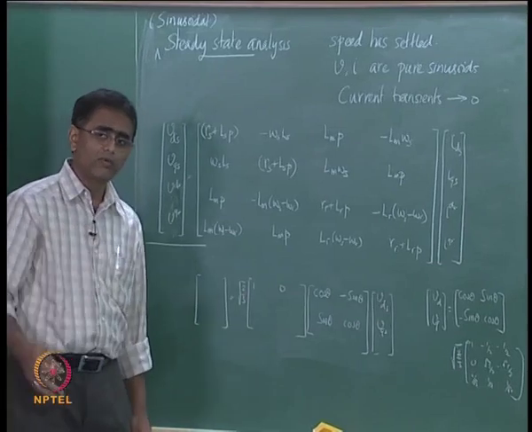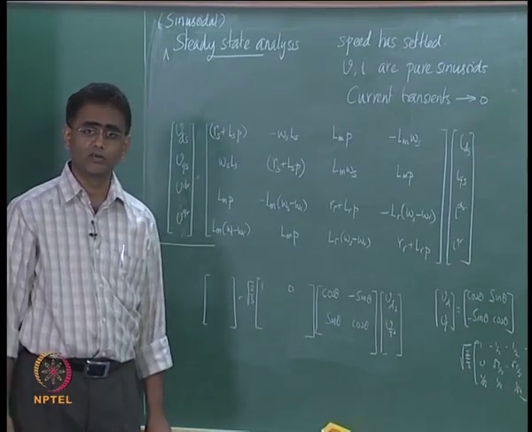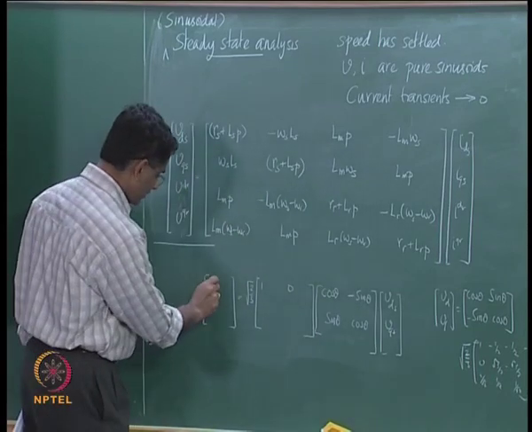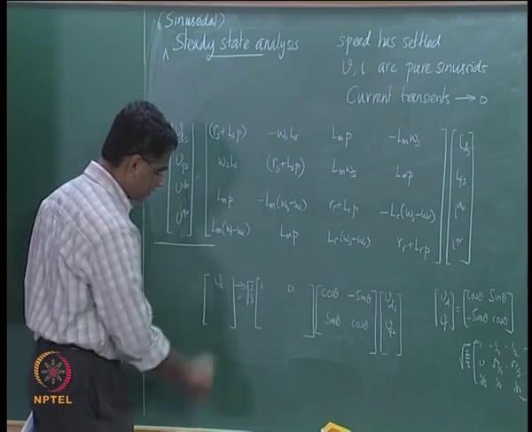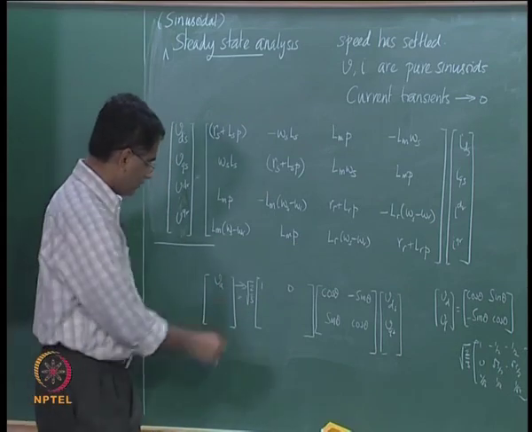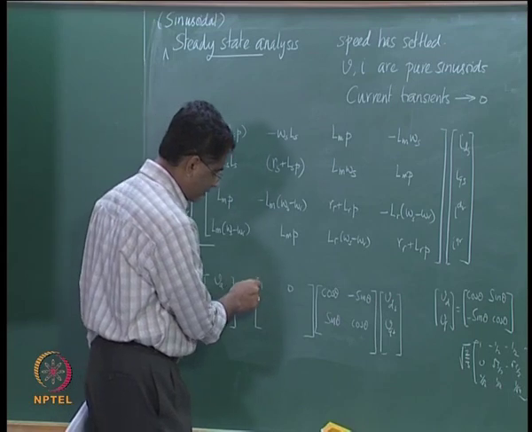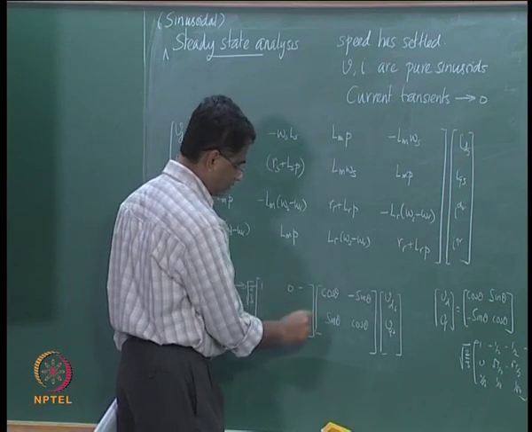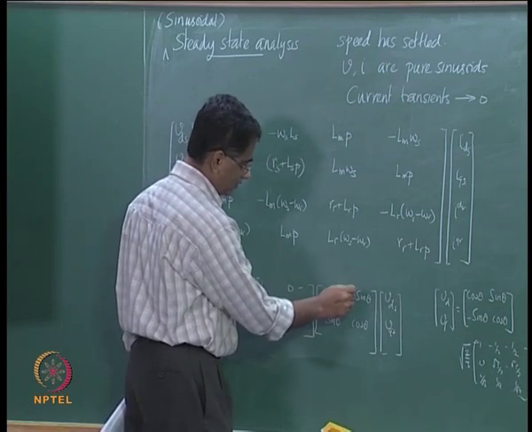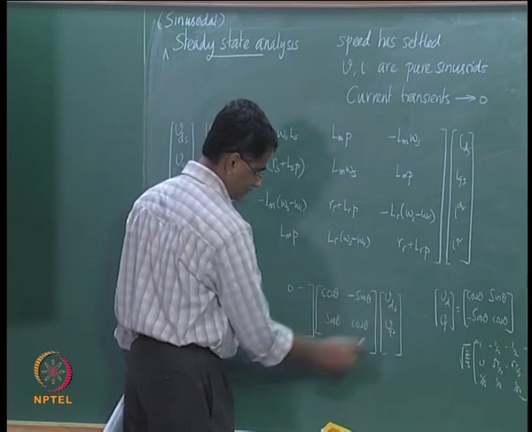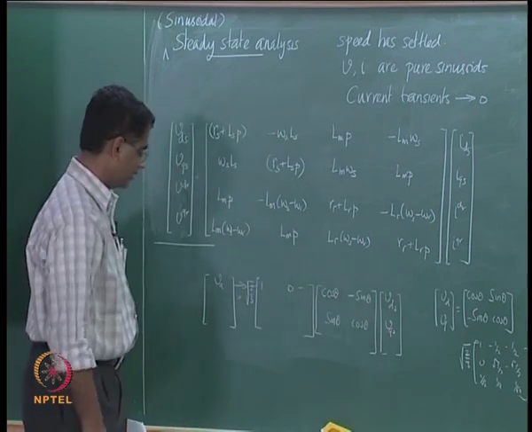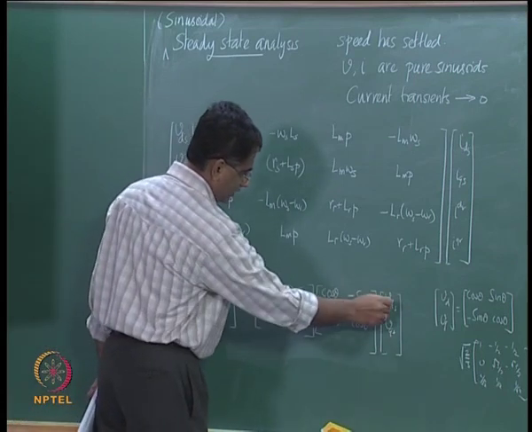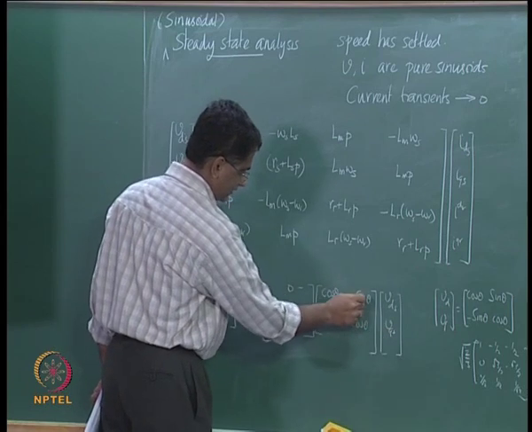But then what we are interested in is a per phase equivalent circuit, which means it is enough to consider the A phase alone, and if we are going to consider the A phase alone, we need to consider the first row here, and the first row here is going to be obtained by multiplying this first row by the first column, this term into this minus this term into this. Second row is not really important. So essentially then what you have here is VDS cos theta minus VQS sin theta.